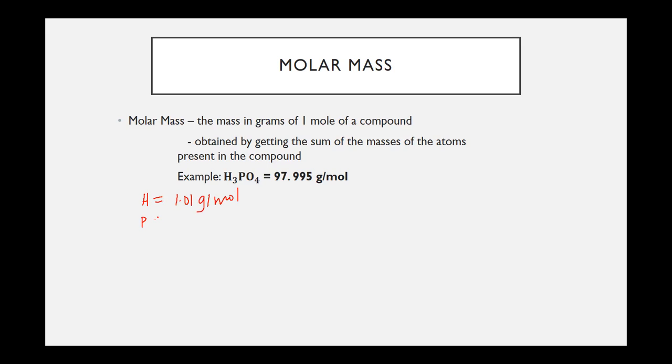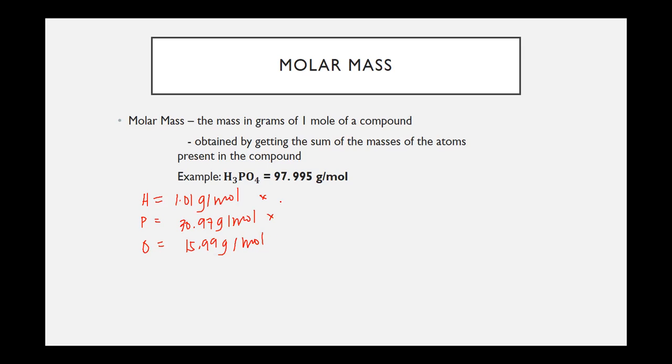Phosphorus naman ay 30.97 grams per mole. And oxygen is equal to 15.99 grams per mole.